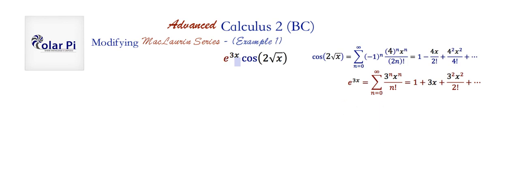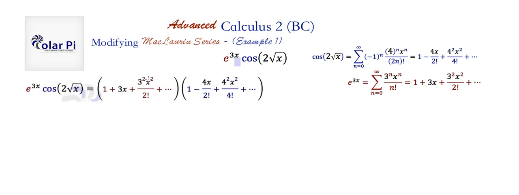As I said, what we're going to do is take the e to the 3x Maclaurin series right here, term by term, and the cosine 2 root x Maclaurin series right here, term by term, and multiply them. And when we do, this is what it's going to look like. Now, how do we do this? Because we're multiplying 2 infinite polynomials. Well, it's not so bad. Here's what we could do.